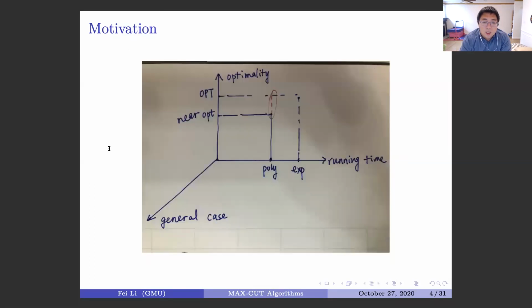Okay. So here is the picture about classic algorithm design.